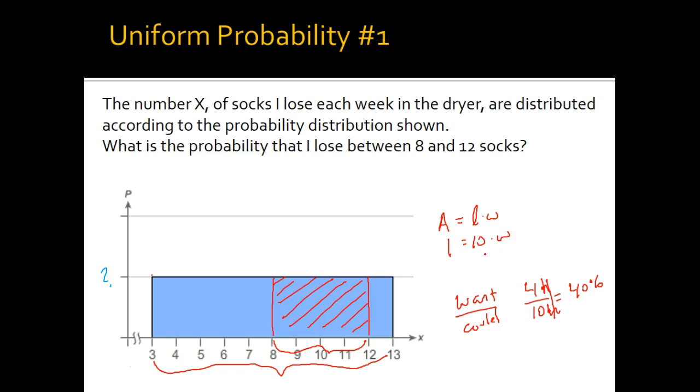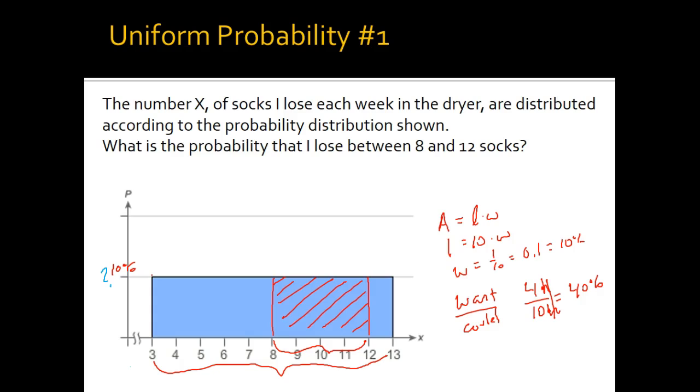So the width then is going to be what times 10 equals 1. Divide by 10, the width equals 1/10, or 0.1, which is 10%. So we could have said this is 10%, and that is the height of the rectangle. But because of the nature of this uniform probability, it being a rectangle, we didn't even need to know that.